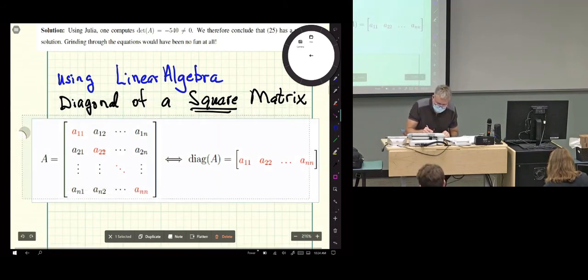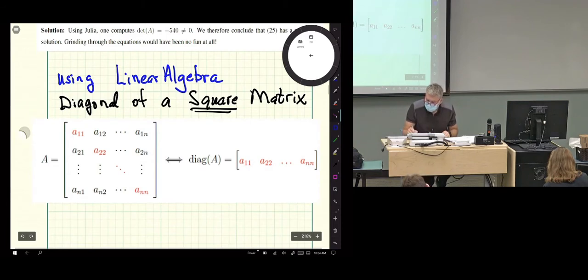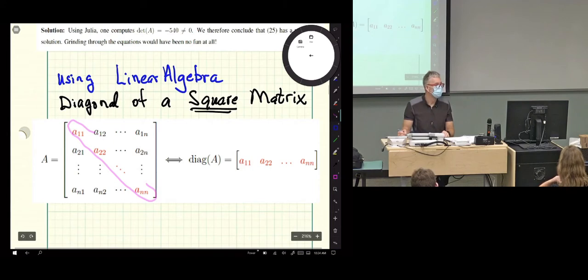I wonder why it's called the diagonal, okay?